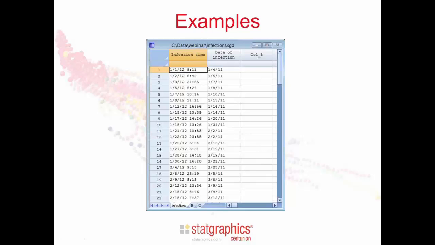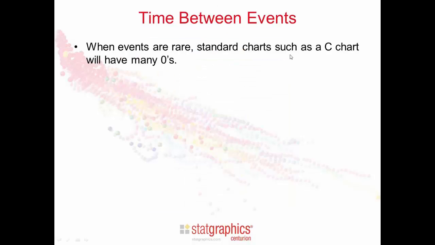Now, some things that make this problem interesting are that because the events are rare, if we try to use something like a C chart, we'd find out, for example, if we plotted the number of infections every day, that we got lots and lots and lots of zeros. And it wouldn't be that helpful in terms of detecting situations where the infection rate increased.